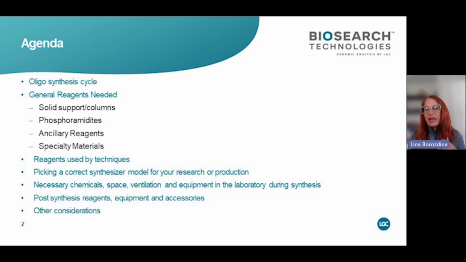Then some of the reagents used by techniques, I will pick a couple. Then next would be picking a correct synthesizer model for your research or your production, necessary chemicals, space, ventilation, equipment in the laboratory during synthesis. Also, I will be speaking about post-synthesis reagents, equipment, and accessories, and other considerations you will need to know before setting up the lab. So let's start.